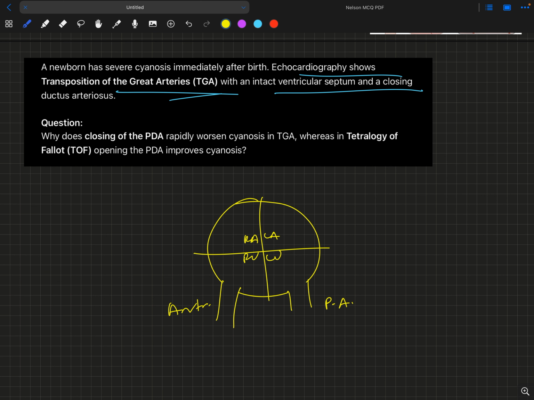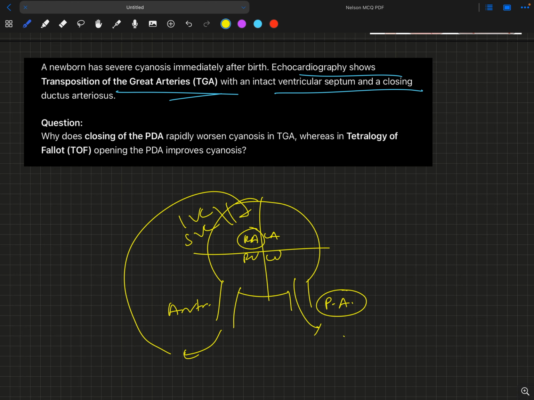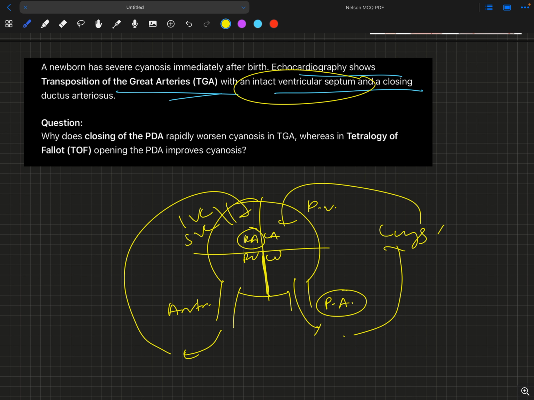So from the aorta, the deoxygenated blood goes to the systemic circulation and again comes back to the right atrium through the inferior vena cava and superior vena cava. And from the pulmonary artery, the oxygenated blood goes to the lungs and comes again to the left atrium via the pulmonary veins. So here is a parallel circulation. The question mentions an intact interventricular septum, no defect in between. So it is a parallel circulation.